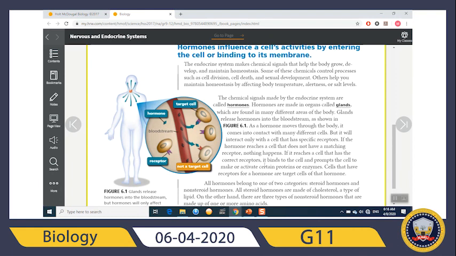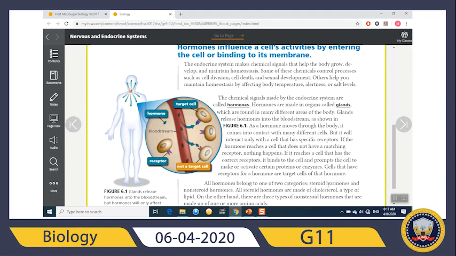The specific cell that the hormone targets has a specific binding site, a specific receptor for this hormone. So, when the hormone is produced and released into the bloodstream, the hormone knows exactly where am I going, what do I have to do, and what doorway should I enter from.